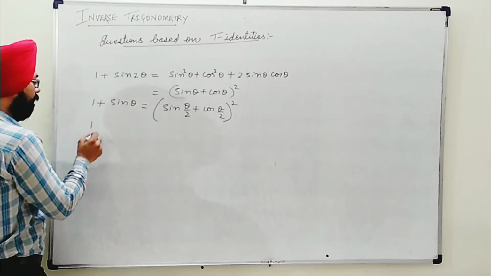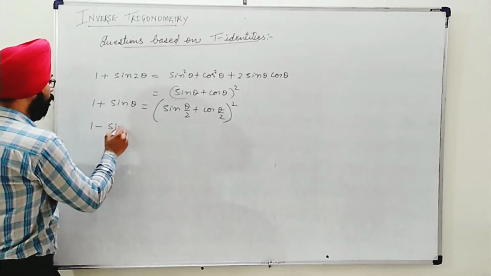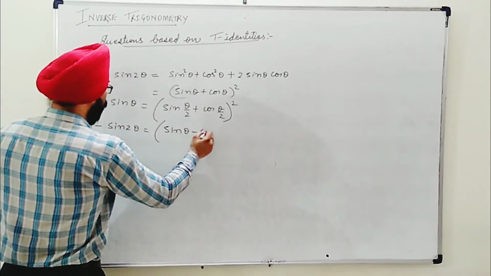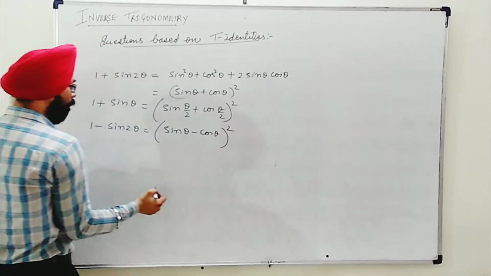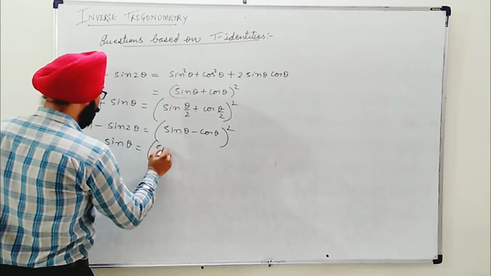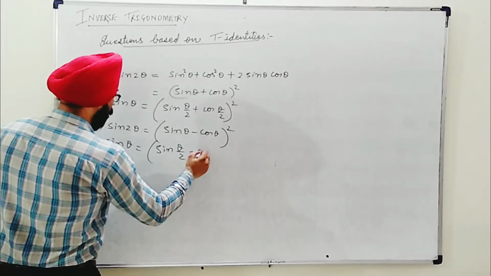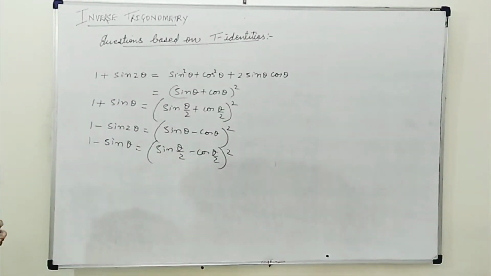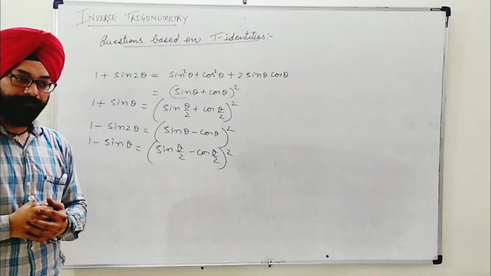Also, if we are given 1 minus sine 2 theta, this can be written as sine theta minus cos theta whole square. If it is only theta, then obviously it will turn into theta by 2 in both terms. So this identity can be used directly.